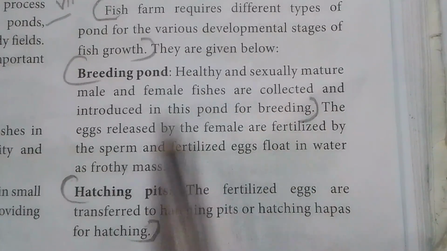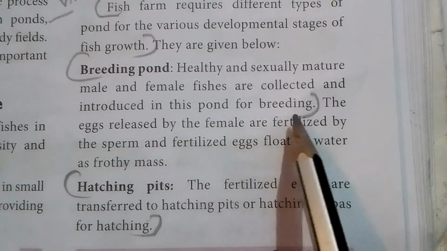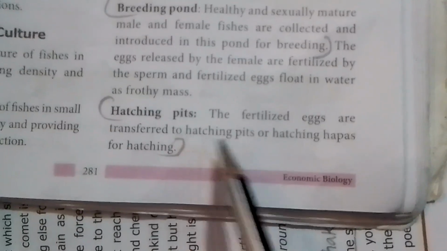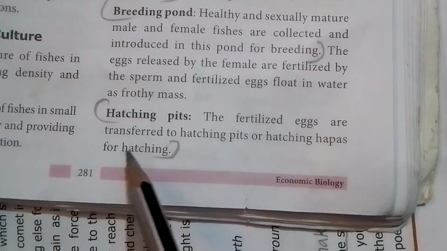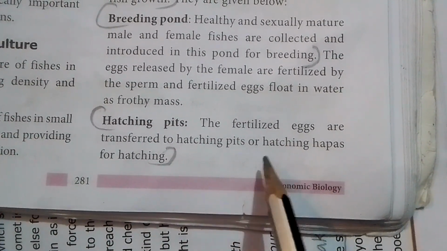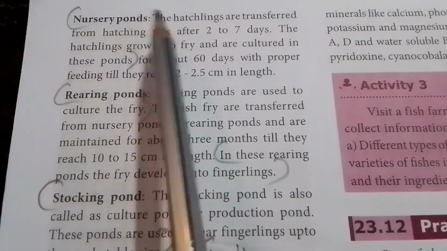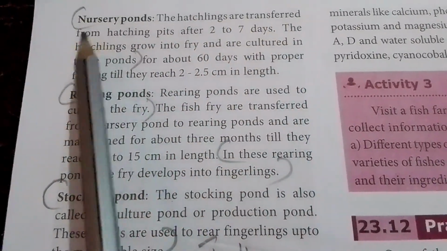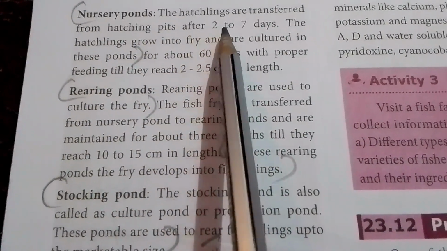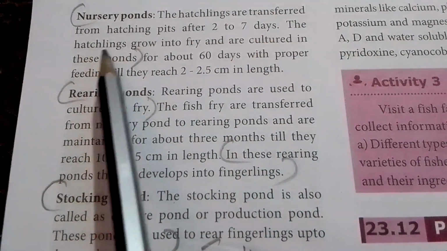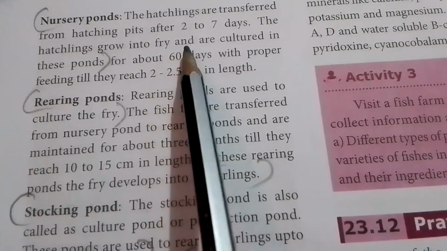Then hatching pits. The fertilized eggs are transferred to hatching pits or hatching hapas for hatching. Nursery ponds. The hatchlings are transferred from hatching pits after 2 to 7 days. The hatchlings grow into fry and are cultured in these ponds. Then rearing ponds.